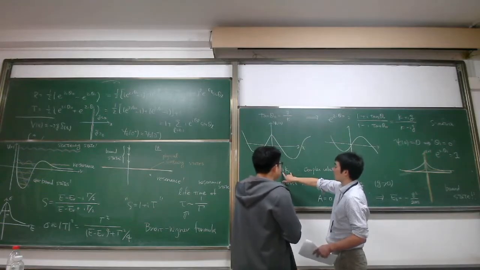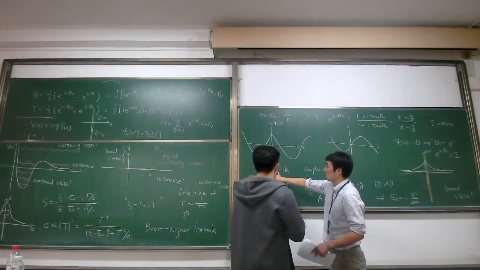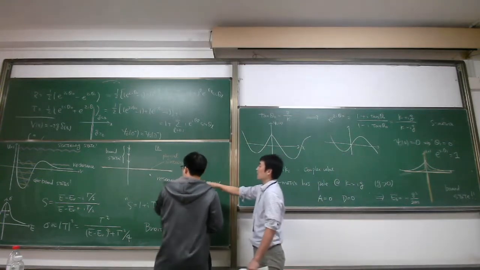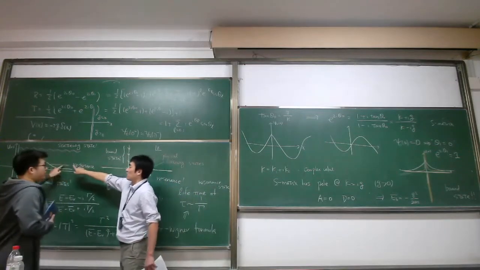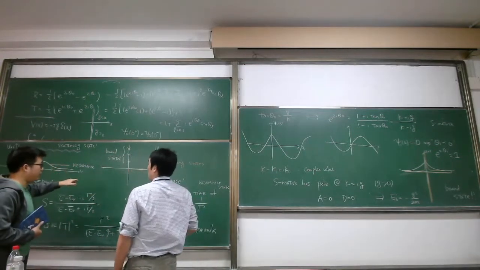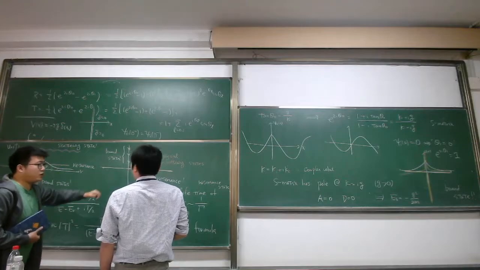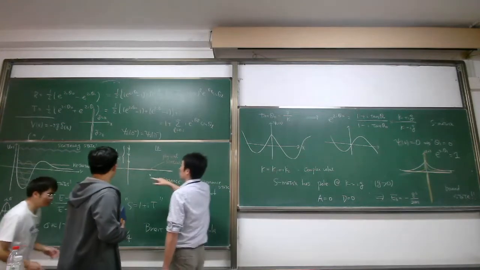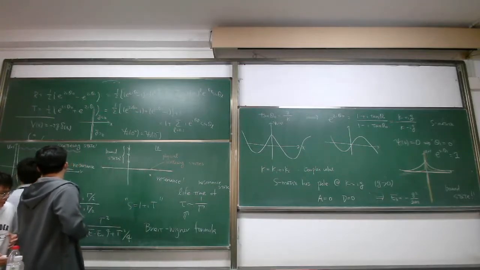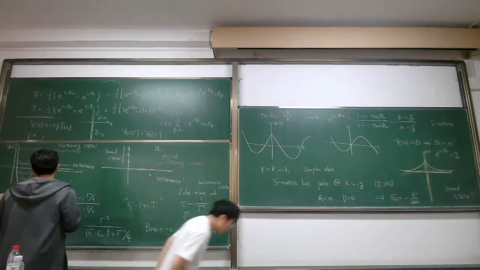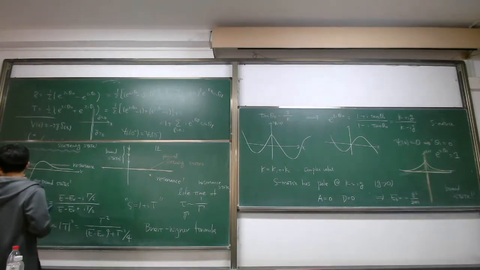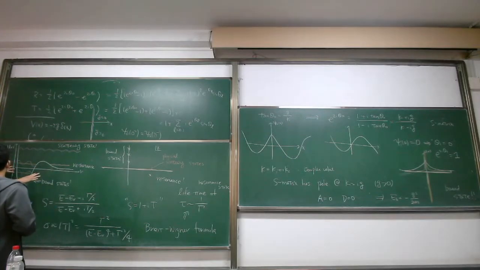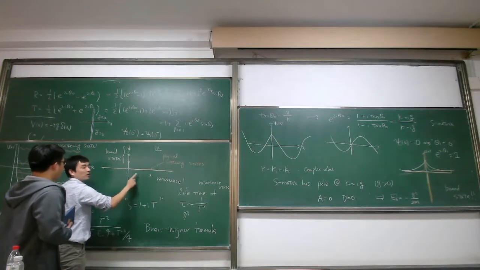This will give you the trapped state. So this means that this real part is responsible for it. But if you use the delta function, you cannot see this kind of structure, so you cannot see this part.